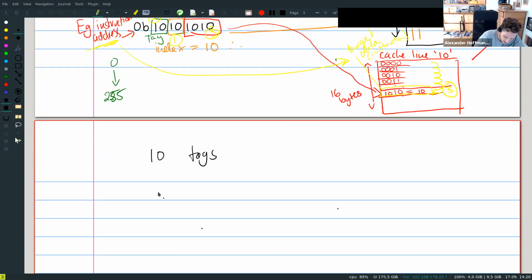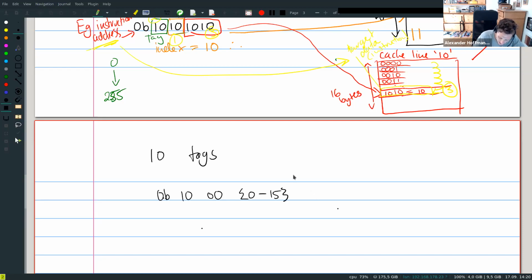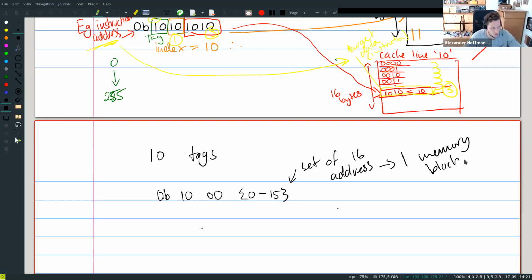So we have the address 1000, and then this will be 0 to 15 here. So this is going to be a set of 16 addresses, but this is just one memory block, because this address references a memory block that would completely fill this cache line, right?